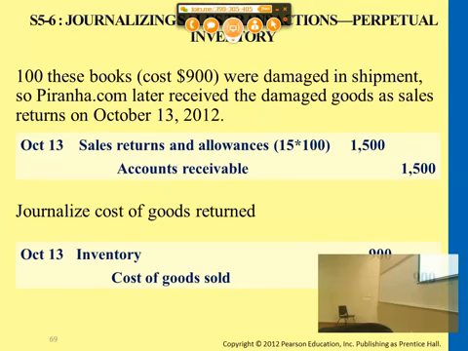Okay, so in the case that the goods are not actually shipped back to the seller, the seller asks the customer to just hold on to the damaged goods if they think that they can't really resell it to other customers. In this case, it will just grant them a reduced accounts receivable, and you won't see this journal entry. You will not have an increased inventory level.